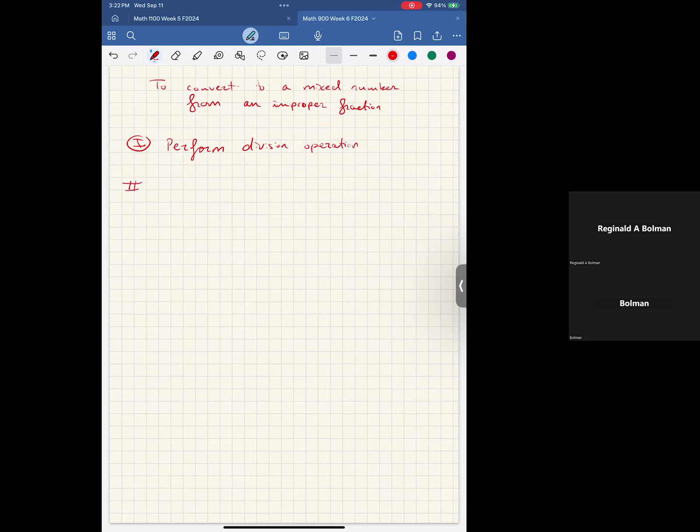And then the second step is you write the remainder as a fraction, which we demonstrated.